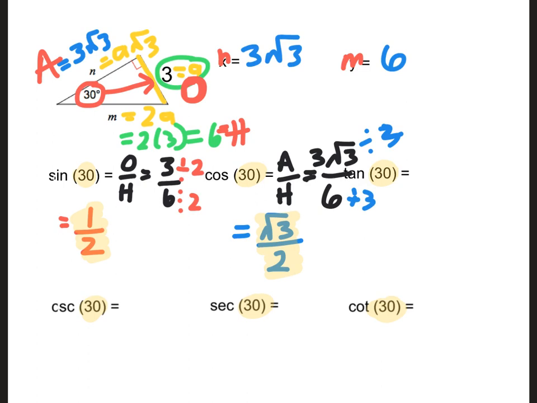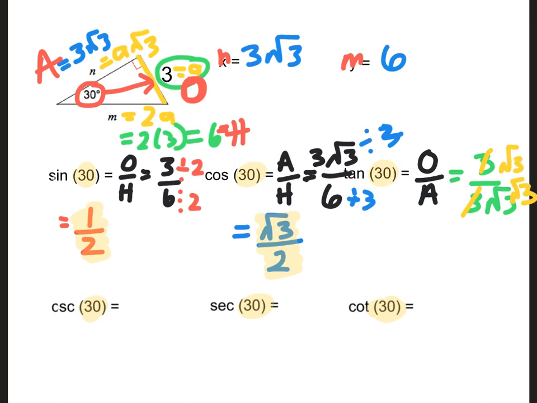And then for tangent, we're going to do opposite over adjacent, which is going to be 3 over 3 root 3. First thing is first, those 3's are going to cancel. And then I can't have a square root of 3 on the bottom, so remember I'm going to multiply the top and the bottom by the square root of 3.